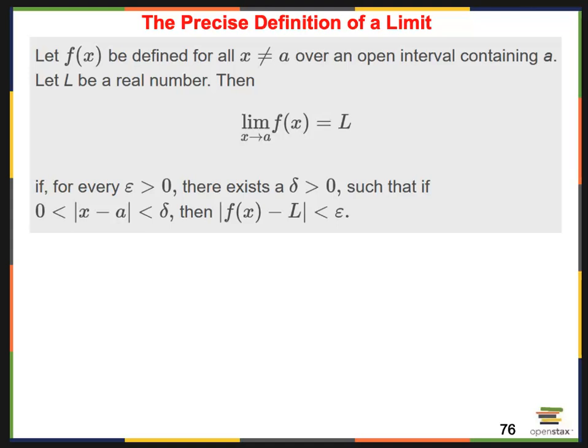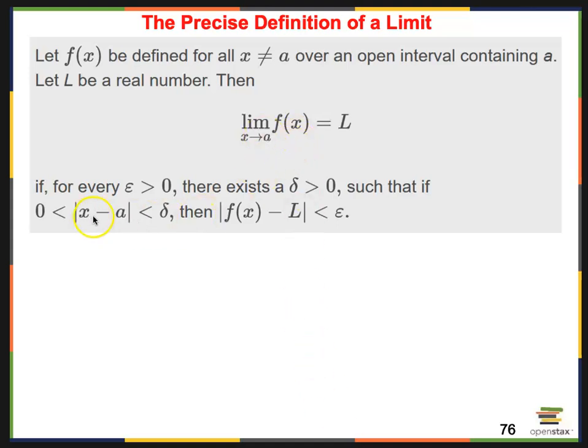Such that if the absolute value of x minus a is greater than 0 but less than delta, so it can't be 0 or less than 0. It's got to be a small number, but greater than 0 and less than delta. Then the absolute value of f of x minus L is less than epsilon.